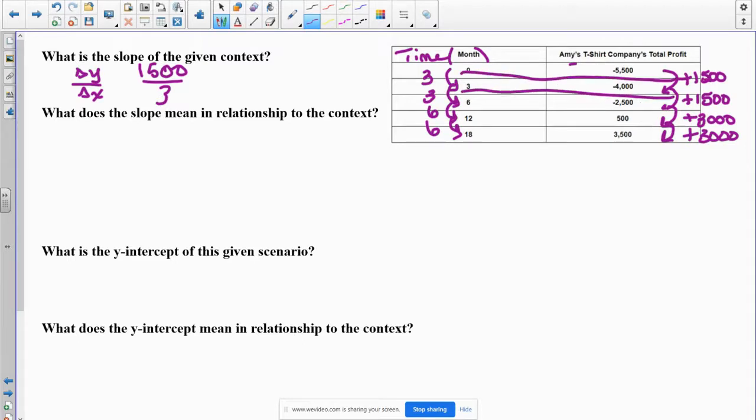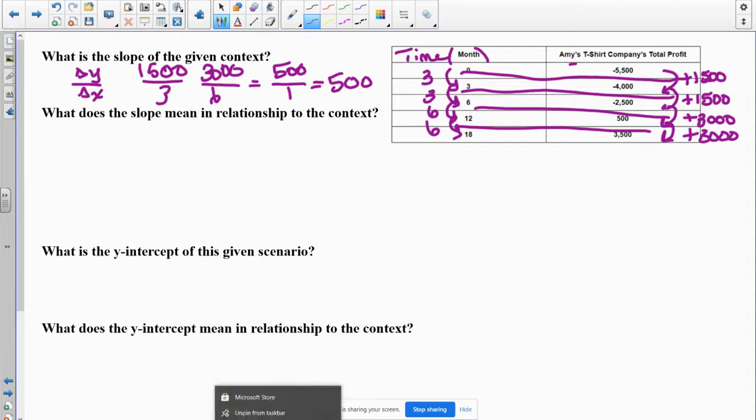Or you could have said 3,000 over 6, because those two match up. So mathematically, it would reduce down into 500 over 1, or just 500. So what does the slope mean in relation to the content? So again, 500 is talking about this money, and then the 1 is talking about time and month.